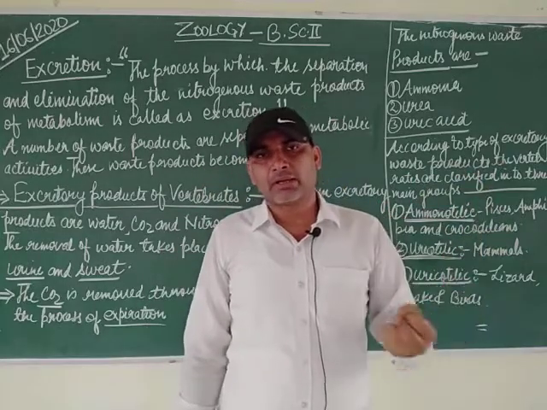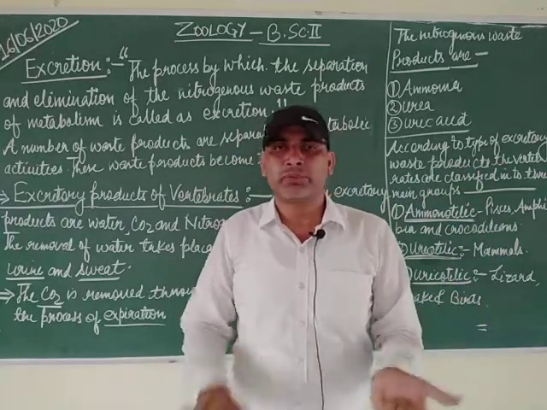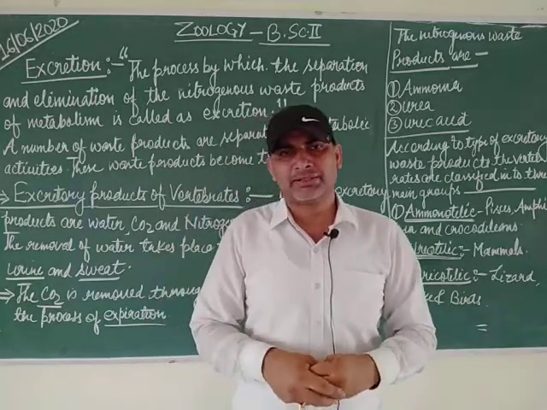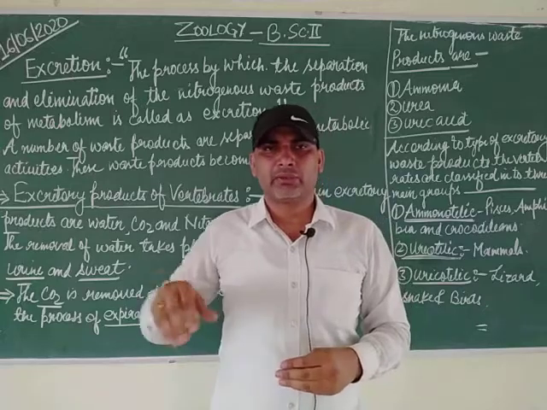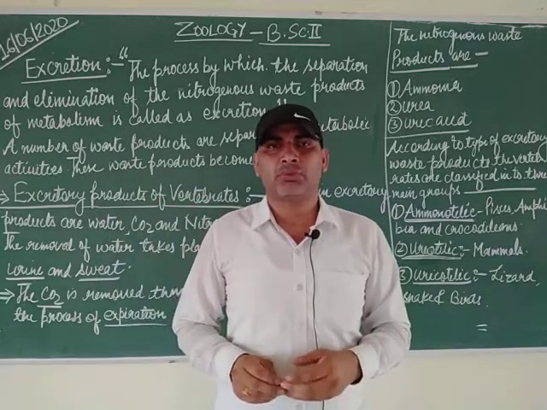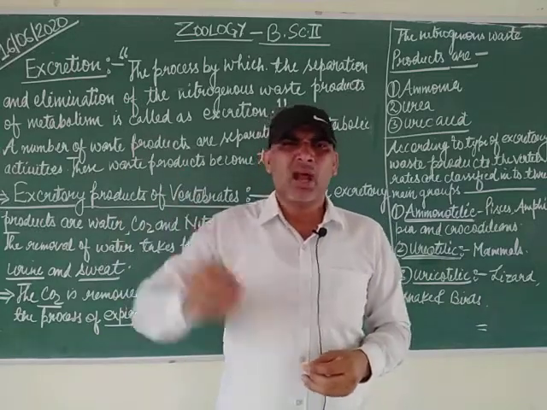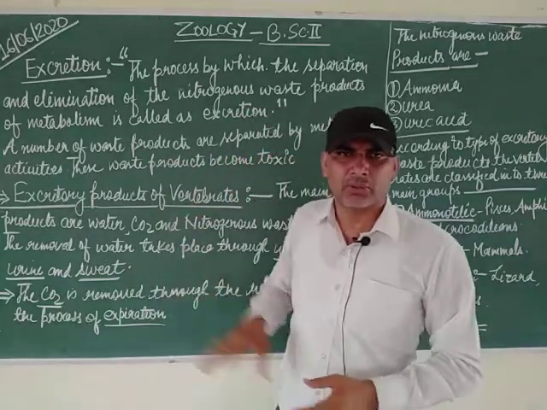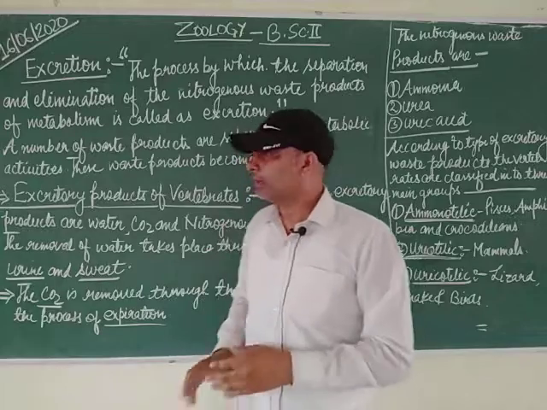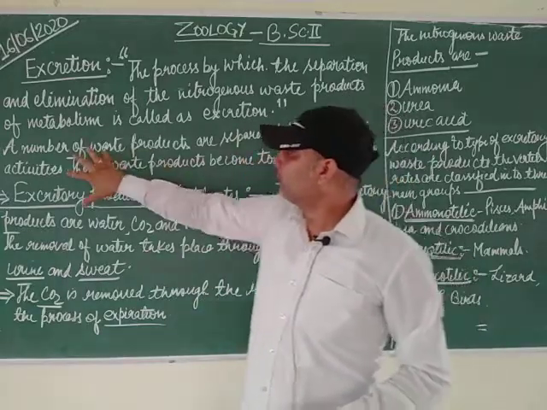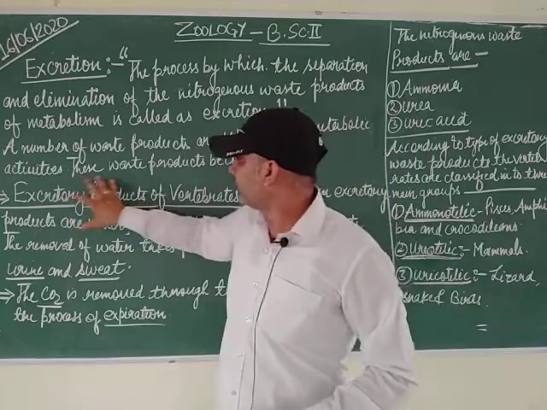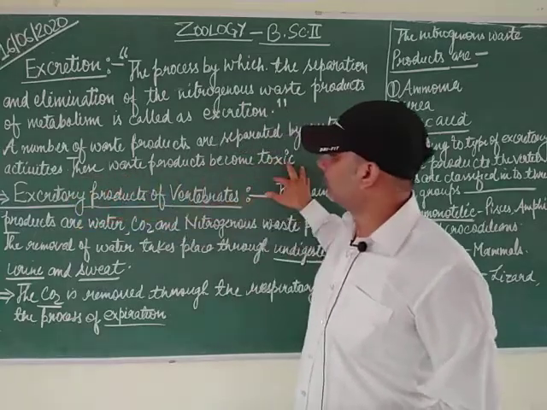As an example, glucose is degraded for energy into pyruvic acid, and after pyruvic acid, ammonia and other substances are formed. A number of waste products are thus separated by metabolic activities. These waste products become toxic.